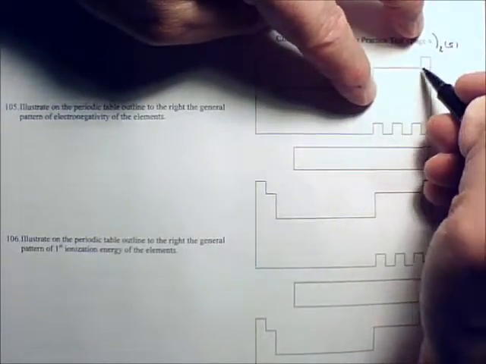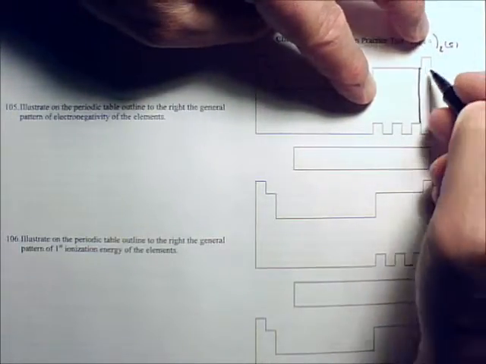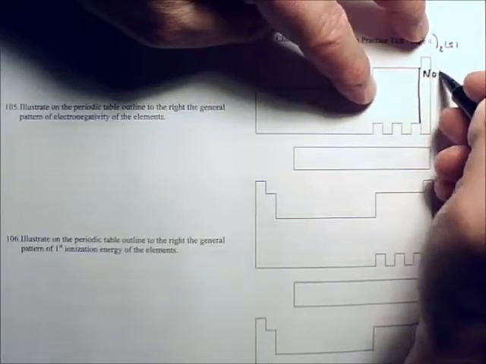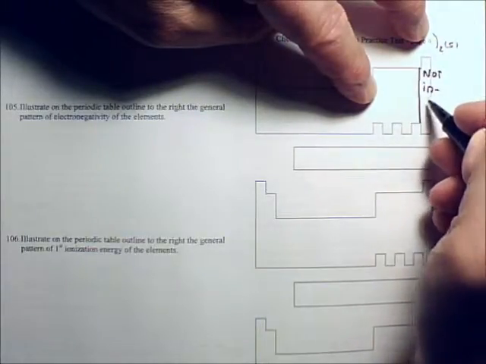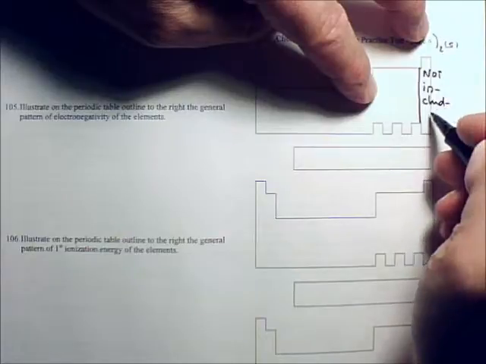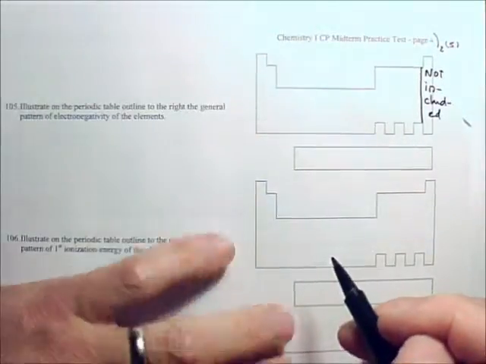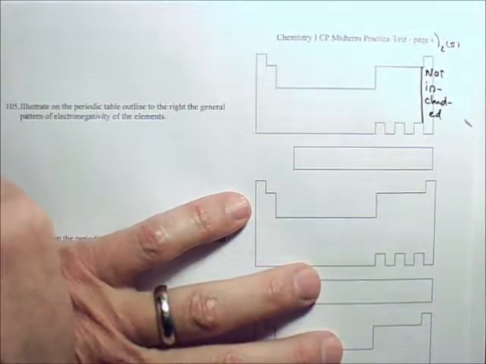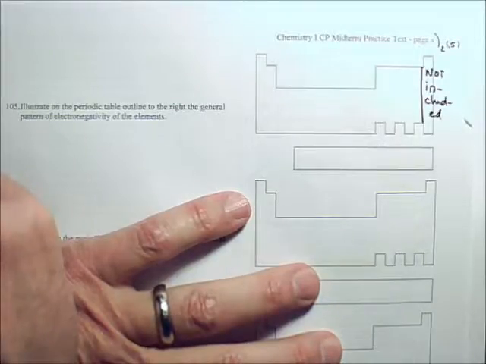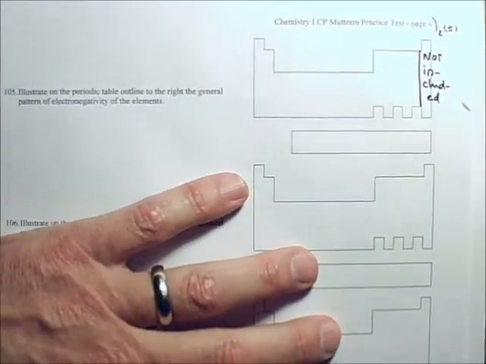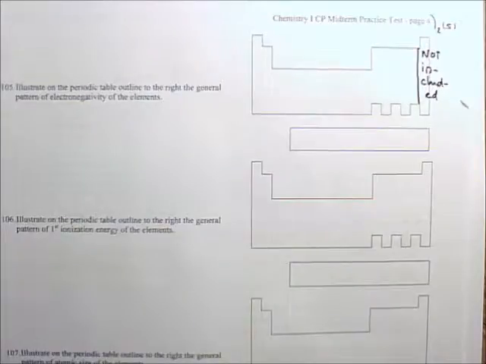Electronegativity does not include the noble gases, for instance. So we have to cut off the noble gases. Noble gases are not included in electronegativity because electronegativity, by definition, is how hard an atom pulls on electrons it shares with another atom.